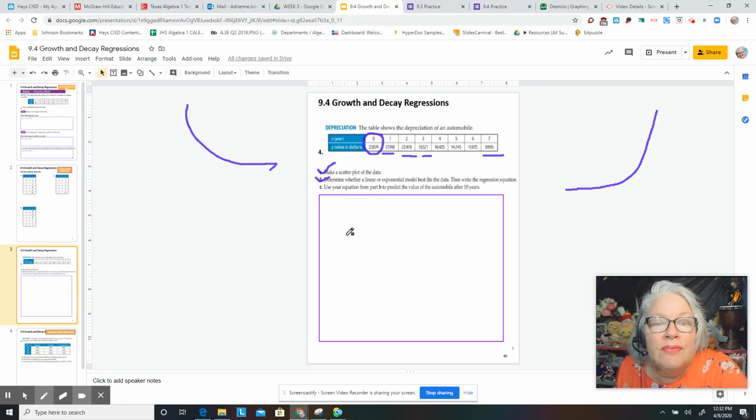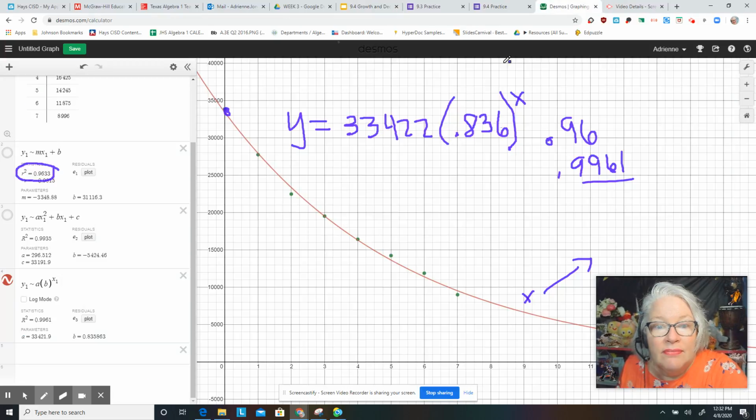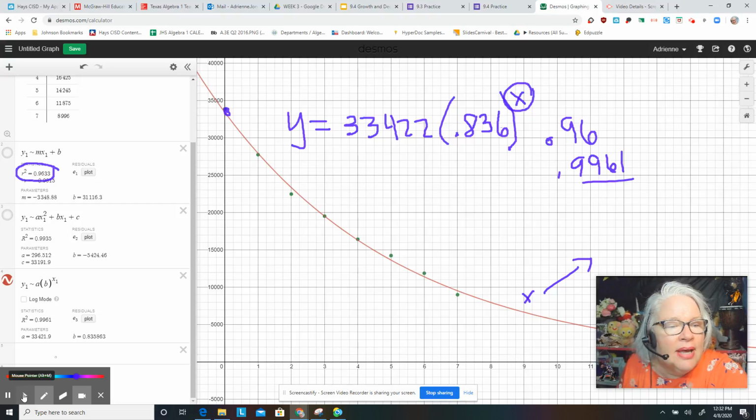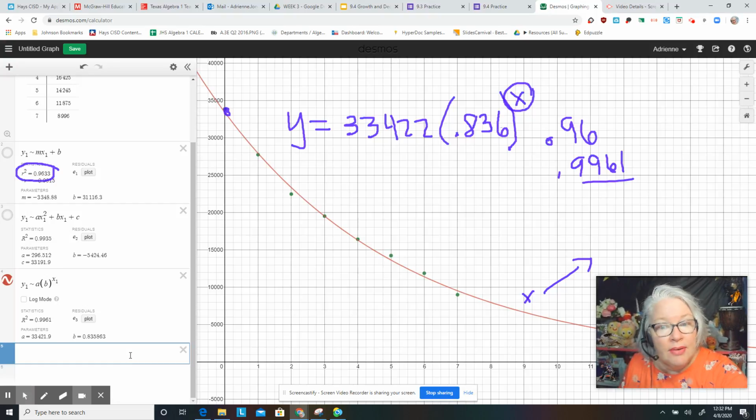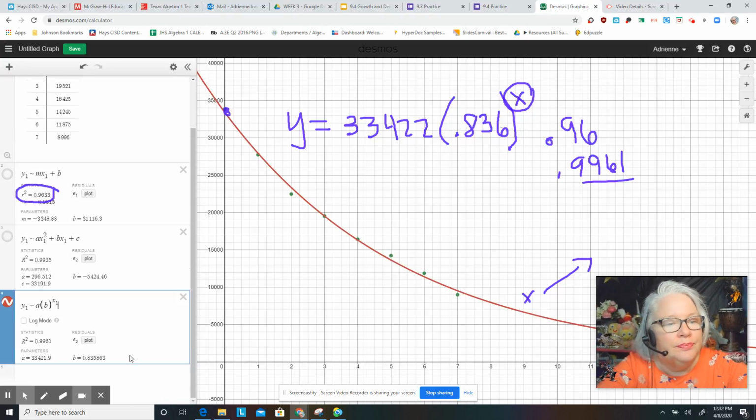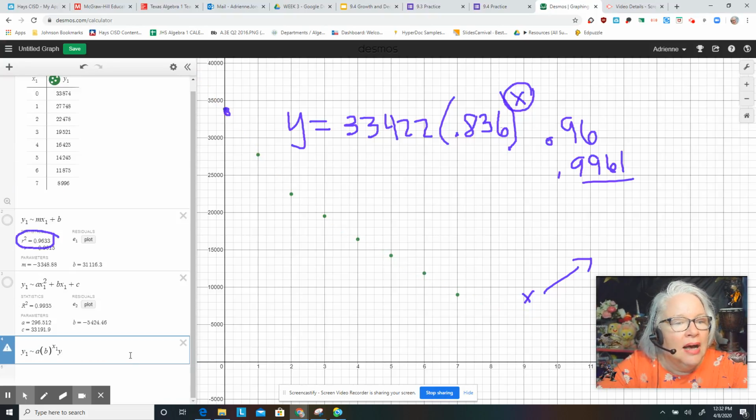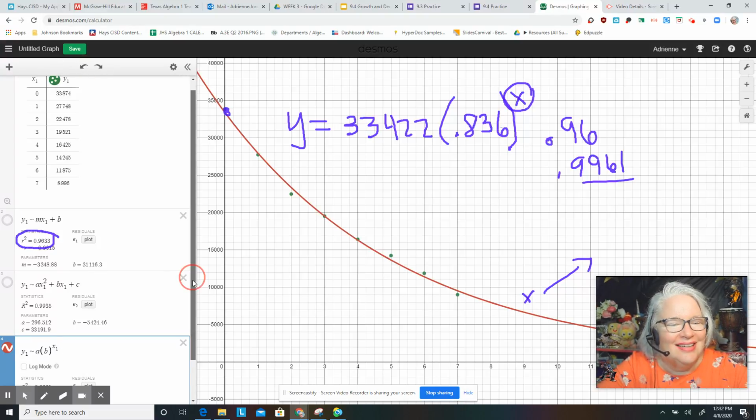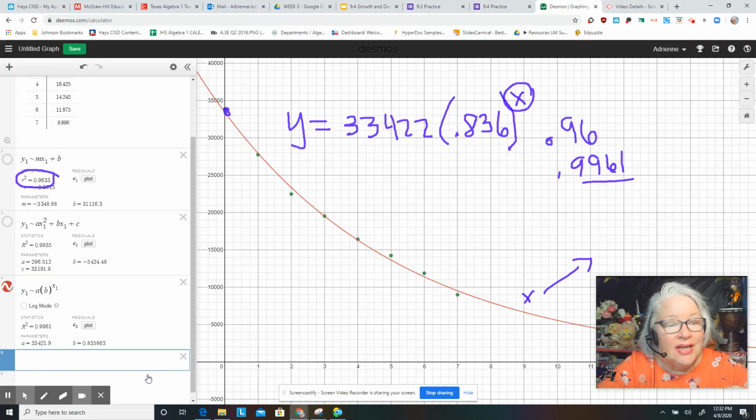Use your equation from part B to predict the value of your automobile after 10 years. So you're going to make x equal to 10. I'm going to go back to my graph. Since it asked me to use my equation, I'm going to type it in. I'm going to add an equation down there on the bottom.